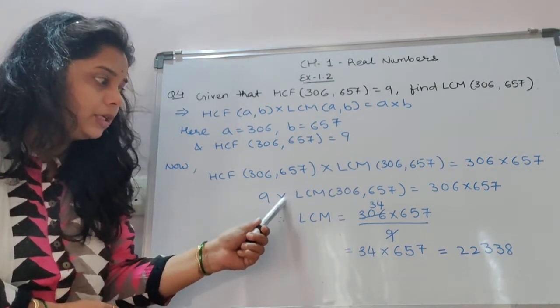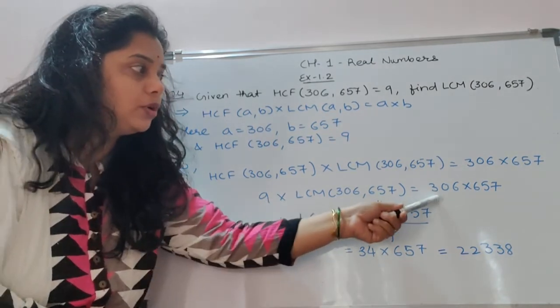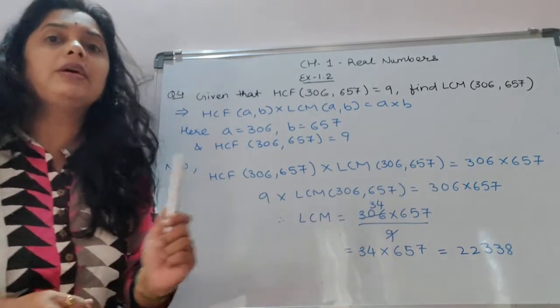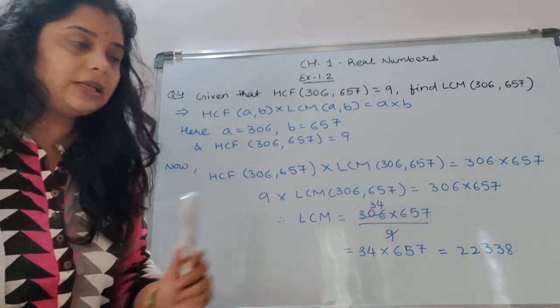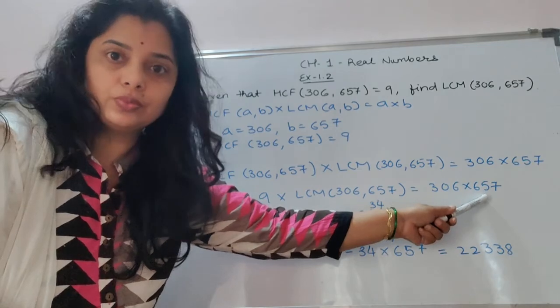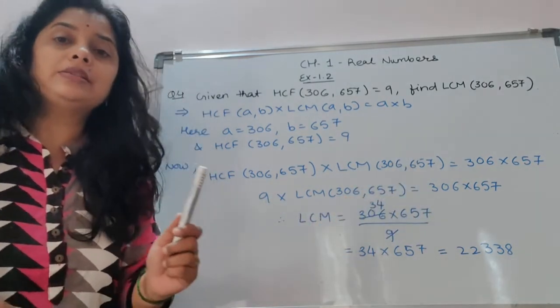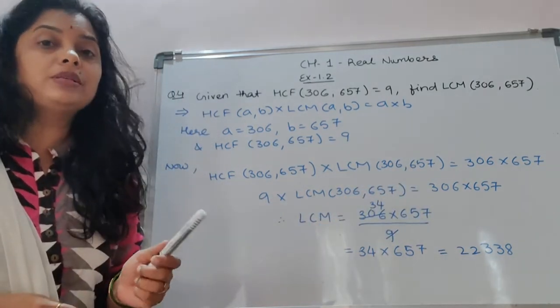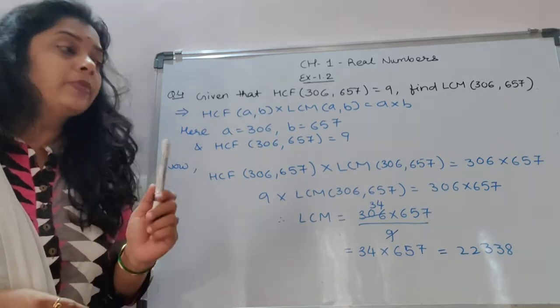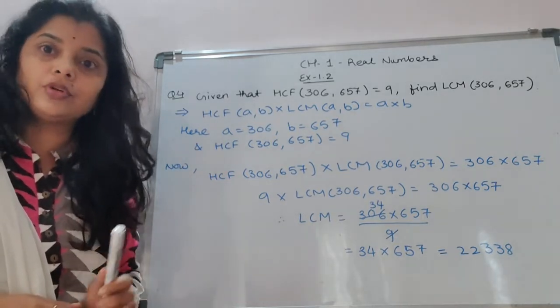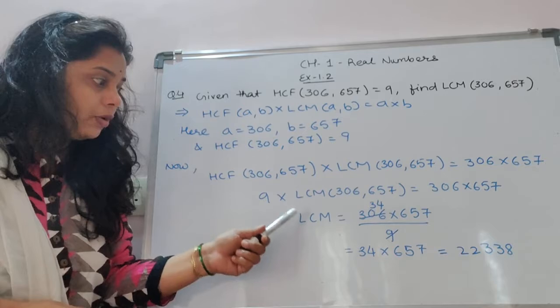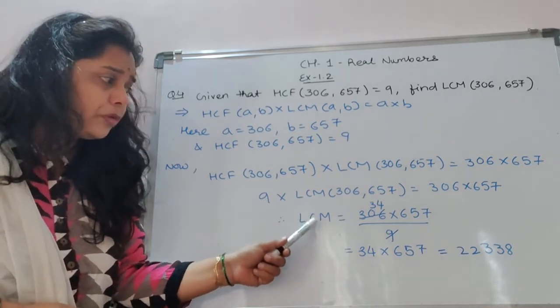So 9 multiplied by LCM is equal to 306 into 657. It is not necessary to multiply these two. It is very important to write down the steps as well as to consume less time for the calculation. Next step is to find the LCM.